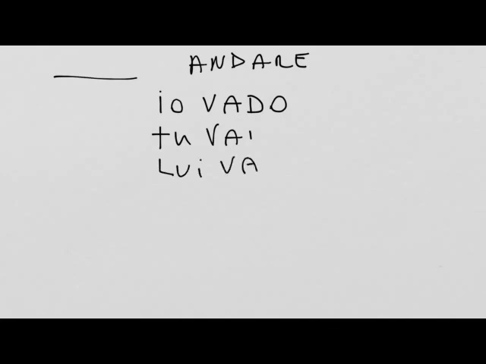All these forms are perfectly irregular, unpredictable. We could not predict by looking at andare, that andare means to go, that I go in Italian would be io vado. You would imagine it would be io ando, right? Andare, io ando. No, it's completely irregular.